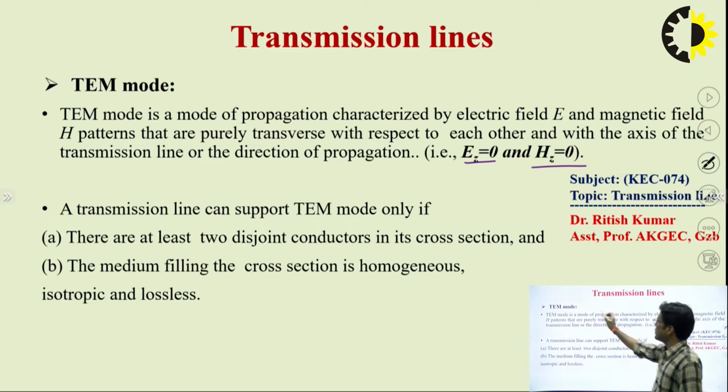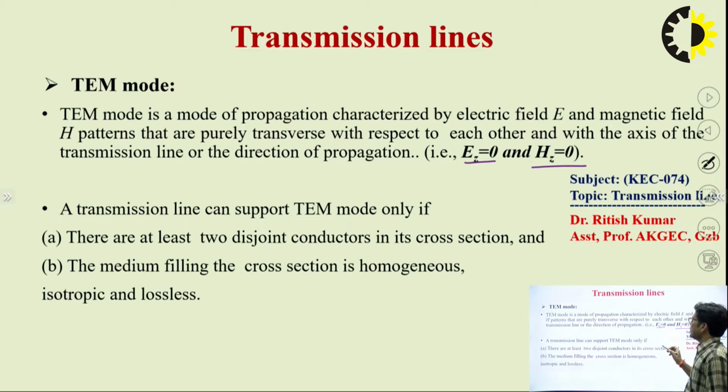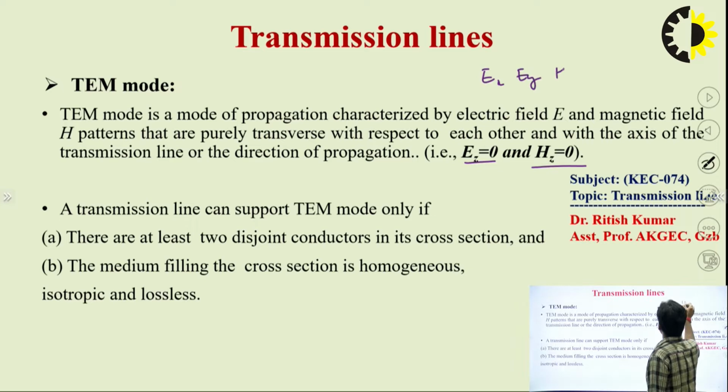As the name suggests, transverse electric magnetic mode. If the propagation is in the direction of Z, the transverse components would be X and Y. So in this case, Ex, Ey, Hx and Hy components would be present, while Ez and Hz are always equal to 0.